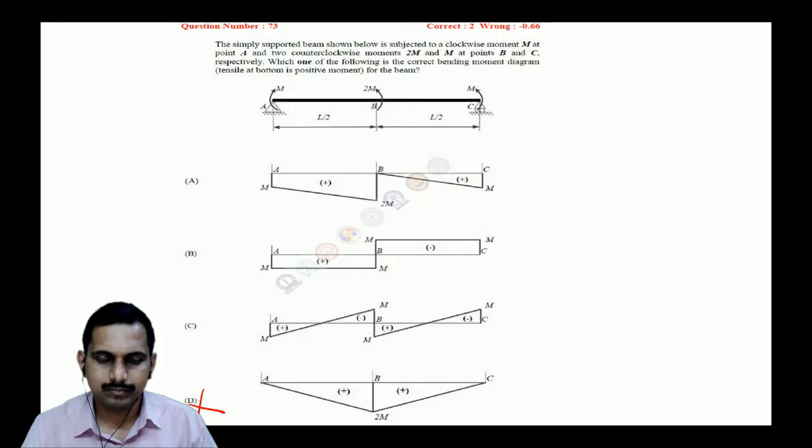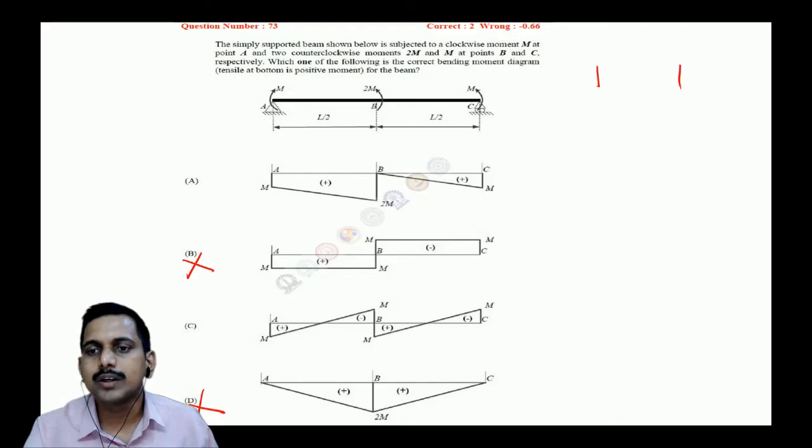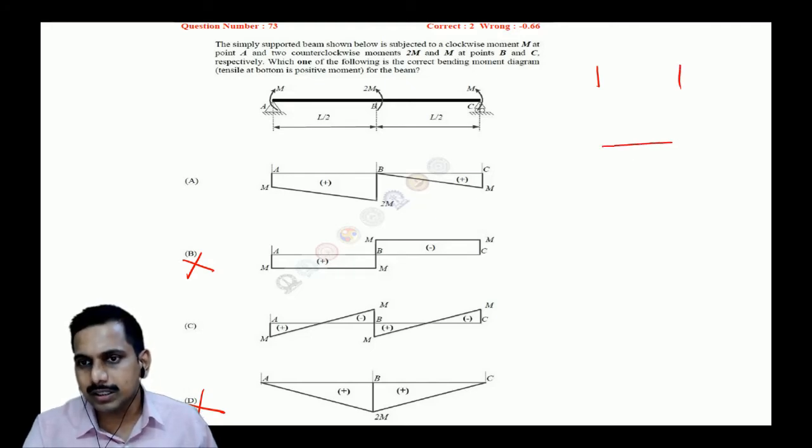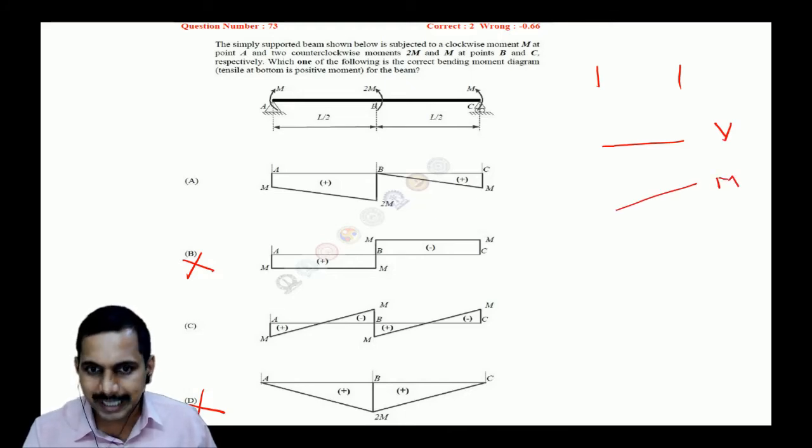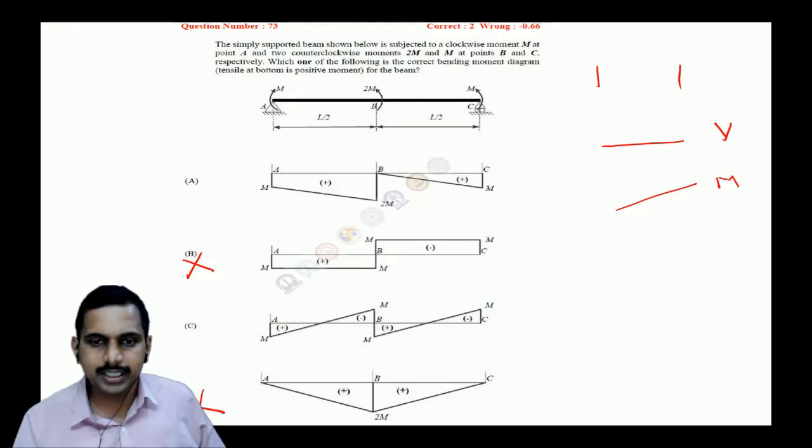Because of a normal reaction, there will be linear variation of the bending moment. Exactly. There is a linear variation of the bending moment. So this is gone. What should happen if it is a point load? If it is a point load, it is a constant variation of the shear force diagram and a linear variation of the bending moment diagram. So since the bending moment diagram is given constant, it is not an option.